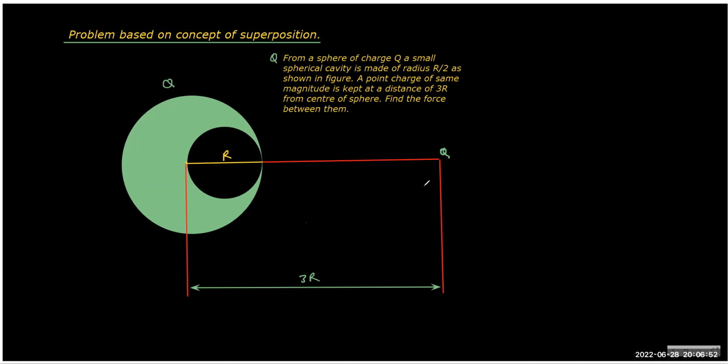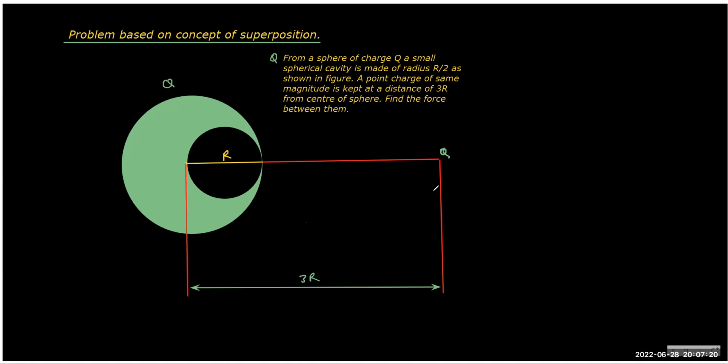Then how do we solve it? We assume that the full sphere is present. We find the force. We assume the small sphere is present. We find the force, and then we subtract. Why do we subtract? Because it is actually not present.